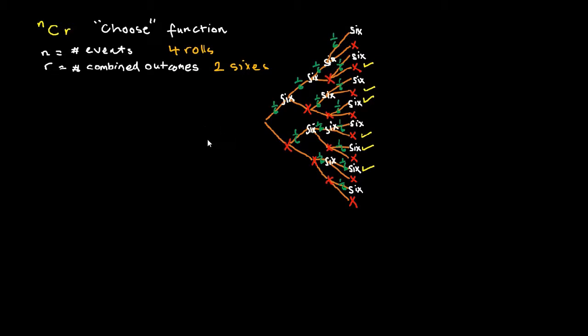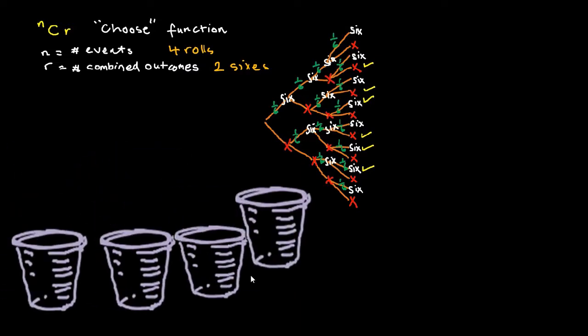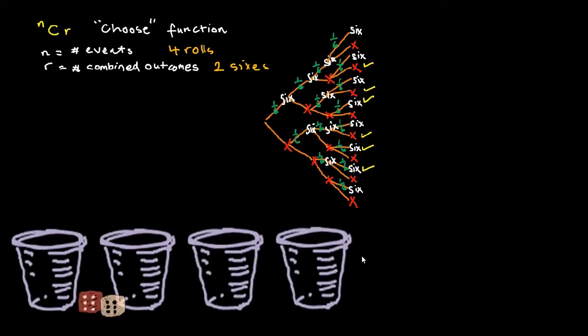Well, what I'm going to do is use this as a case study. So let's think about the 4 rolls of the dice as 4 cups. Okay, so we've got 4 cups representing 4 rolls. And what we've got to get in those 4 rolls is 2 6s, exactly 2 6s in those 4 rolls. Now, to think about how we get the formula for combinations, we have to start with the formula for permutations.